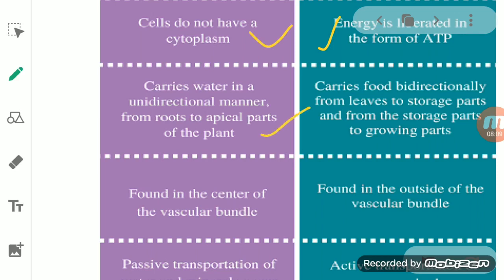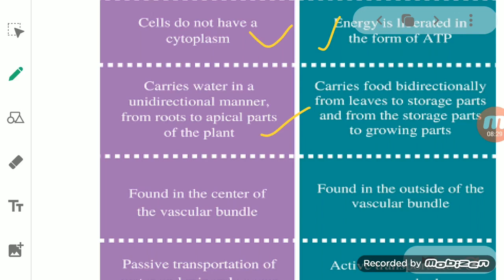If you see, in case of the xylem, it carries water in a unidirectional manner from the root to the apical part of the plant. So here the transportation of substances occurs only in one direction.